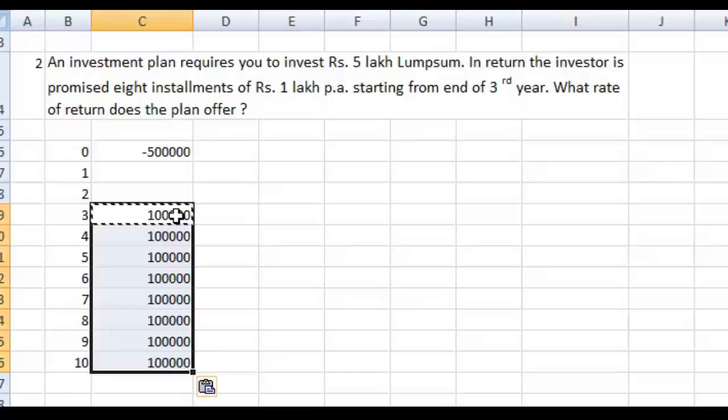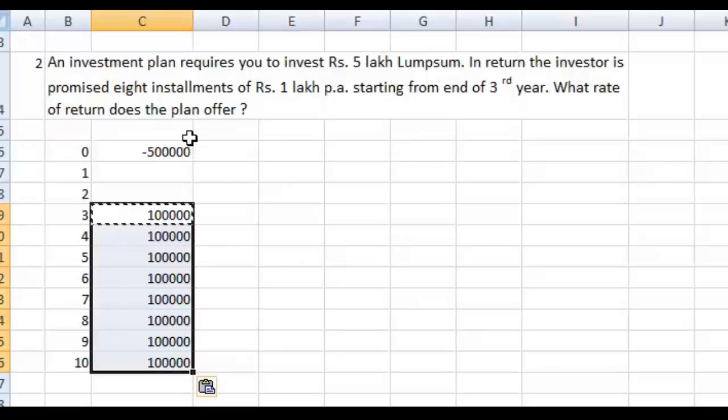So these are our cash flows which we have plotted from the question. 5 lakh rupees cash outflow shown as negative at point 0 because that is invested at beginning of year 1. Remember, whenever no information is given regarding investment, we will always assume investment being made at beginning of the year.